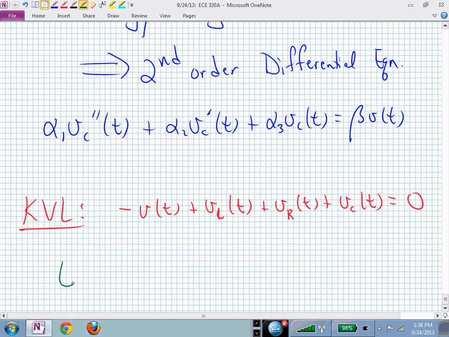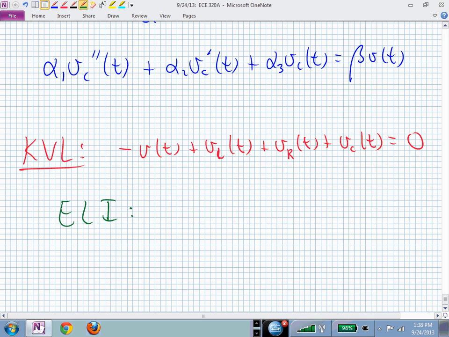ELI tells us V sub L of t, that voltage dropped across the inductor, is L di sub L of t dt.